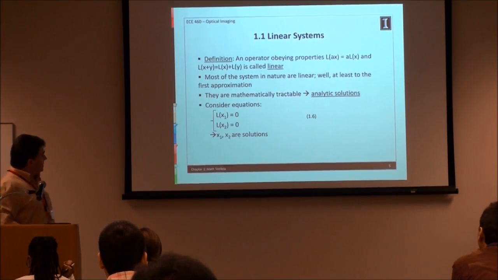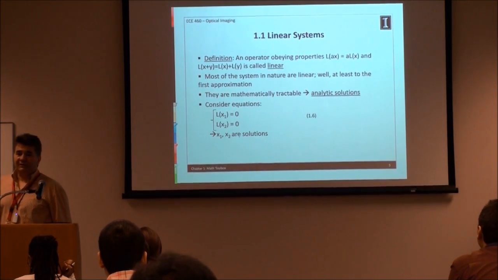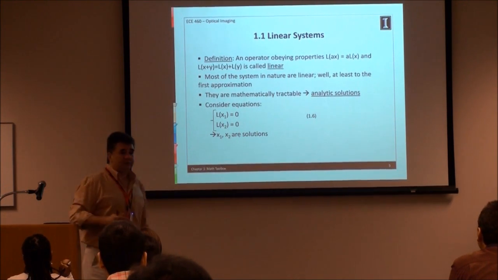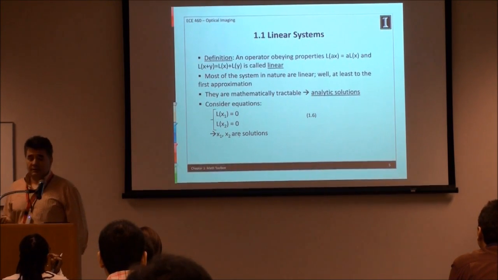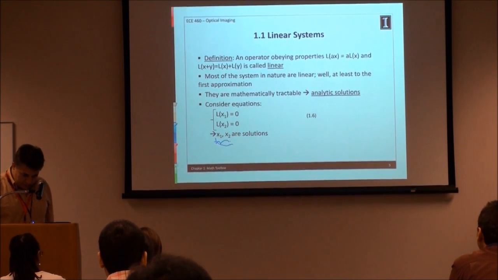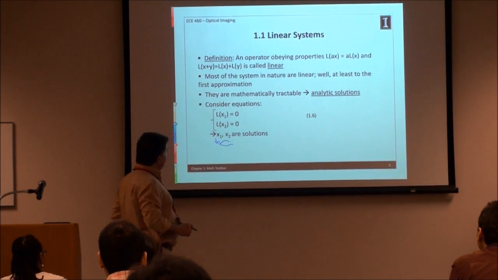Okay? So again, the operator that verifies those two properties is called a linear operator, and it just happens that the linear combination of differential operators is a linear operator. So here's one corollary, or one consequence of this.